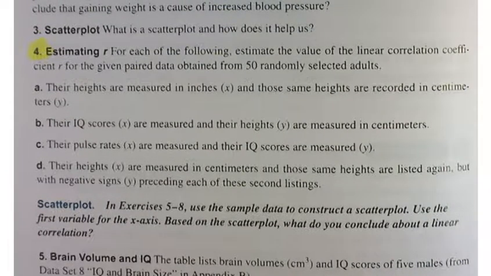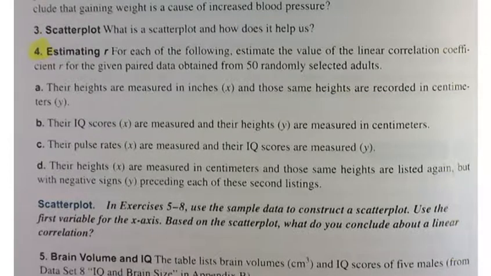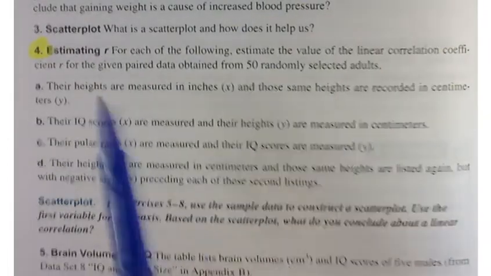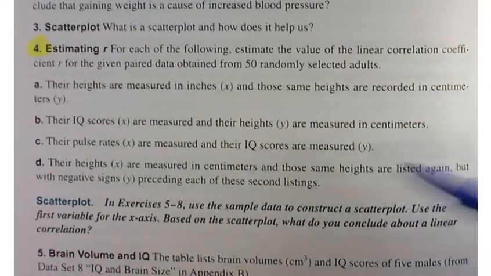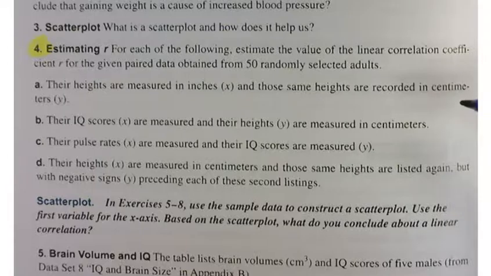The goal here for us is to try and decide if the value of R, our linear correlation coefficient, in this problem is going to be close to 1, -1, or 0. That's what I see this problem as.